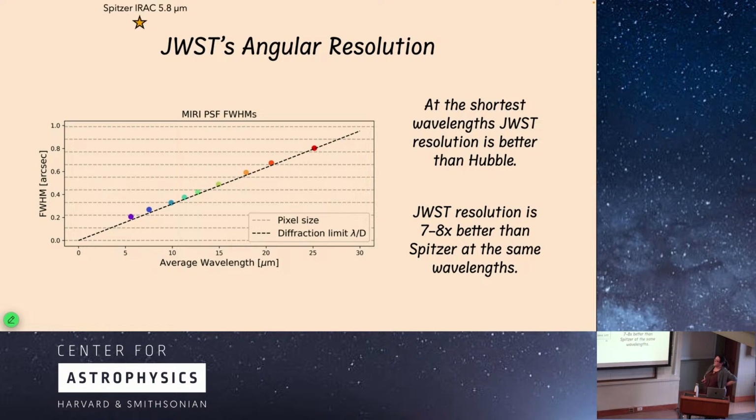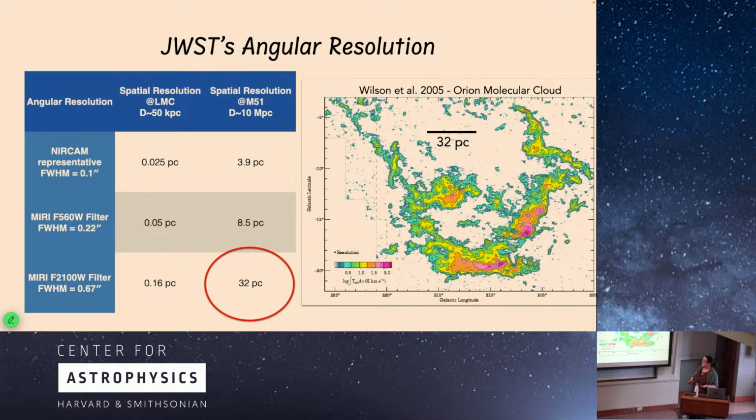And this is a factor of 7 or 8 times better than what you could do at the same wavelength before. What this translates to is the ability in a nearby galaxy, like M51 for instance, to resolve scales of something like 30 parsecs with the MIRI filters at their longest wavelength.